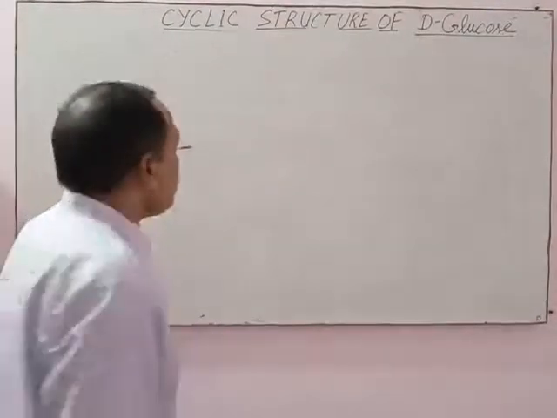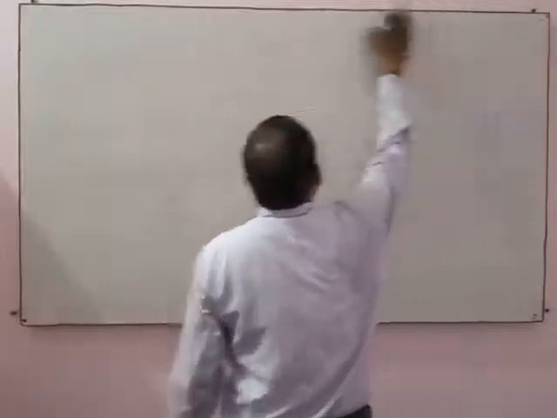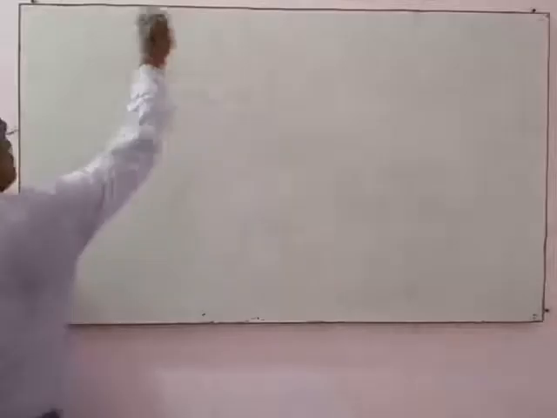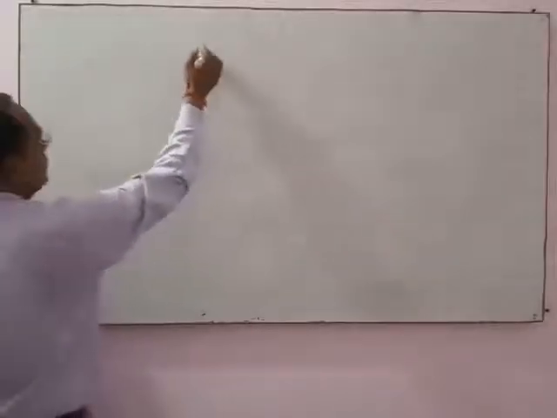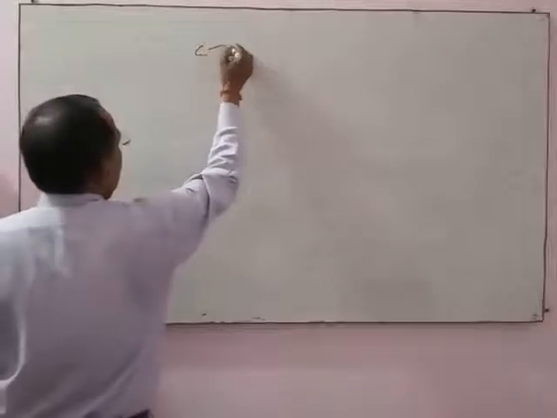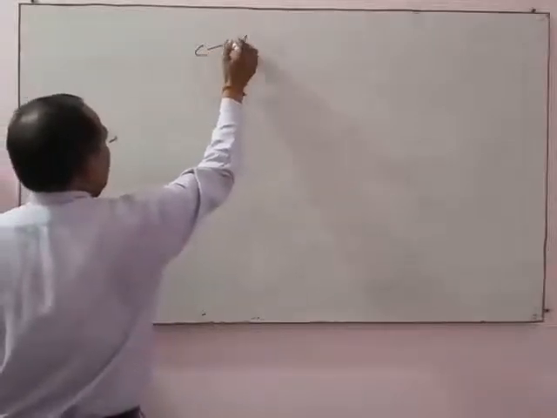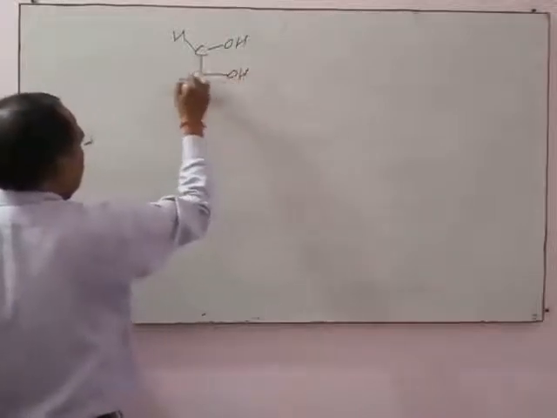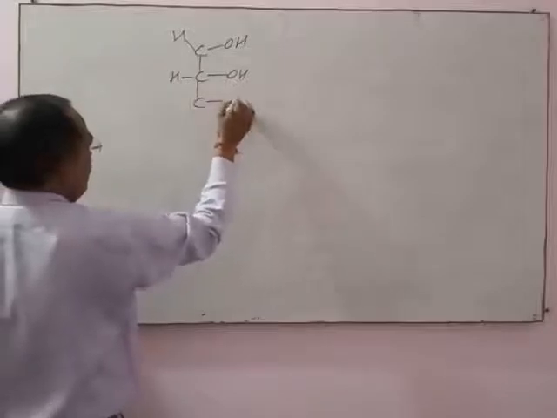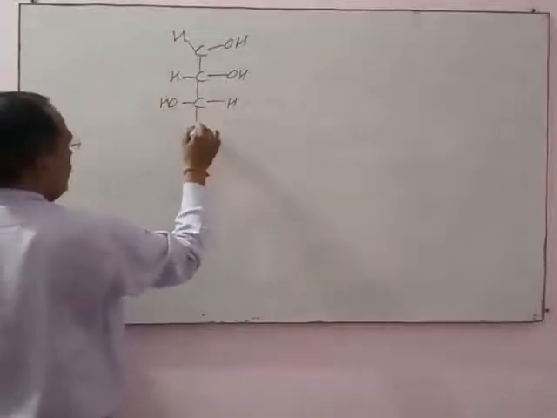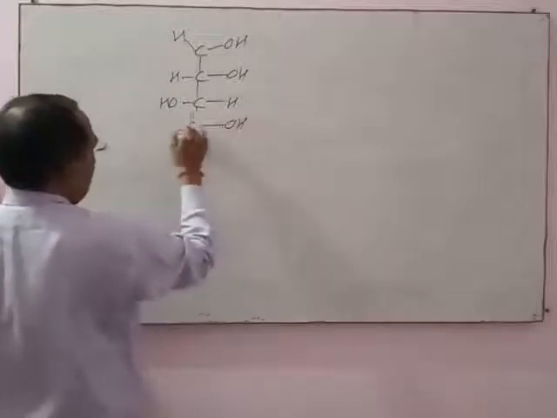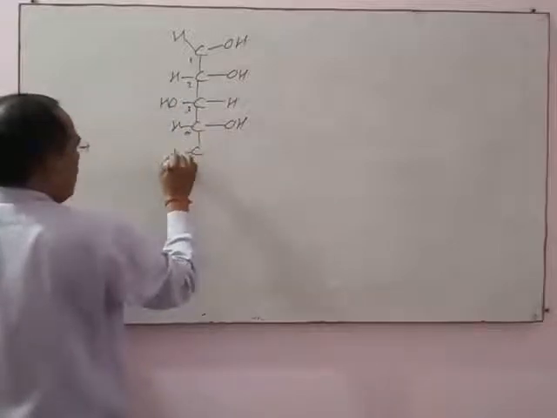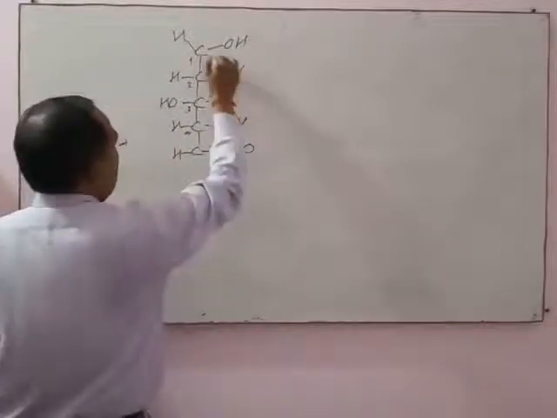So the cyclic structure of glucose can be expressed as, this is the cyclic structure of glucose. First carbon, second carbon, third carbon, fourth carbon and fifth carbon.